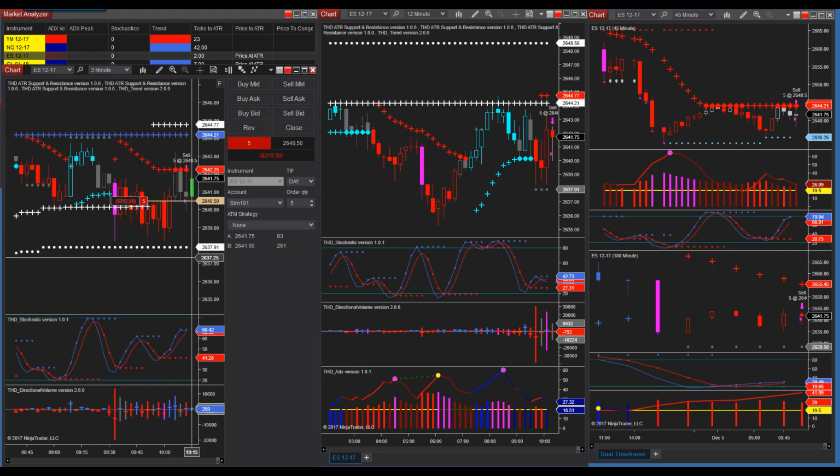I do think it will come down and at least take out this white dot, especially because we're at an ATR over here and we're moving down over here. The only thing I don't like over here is the fact that the stochastics is overextended. That could take a while to play out though.